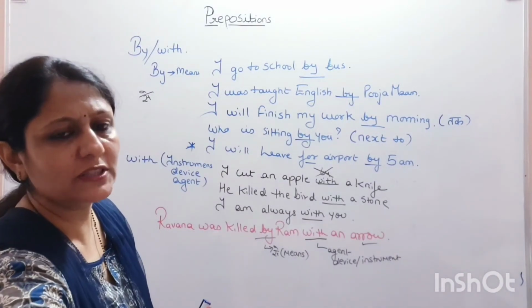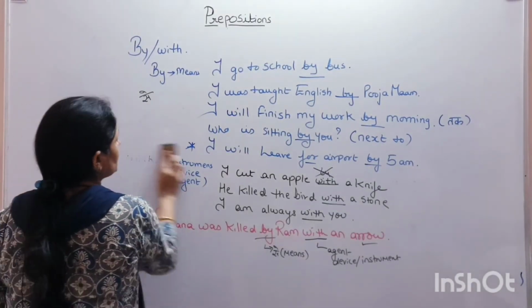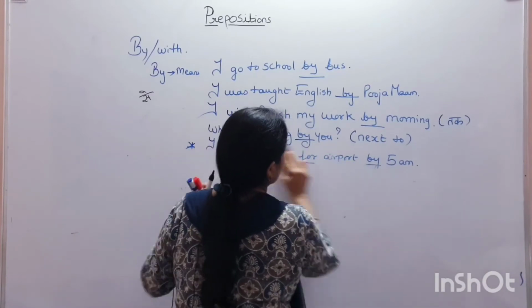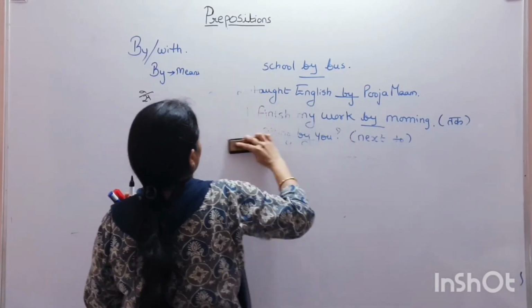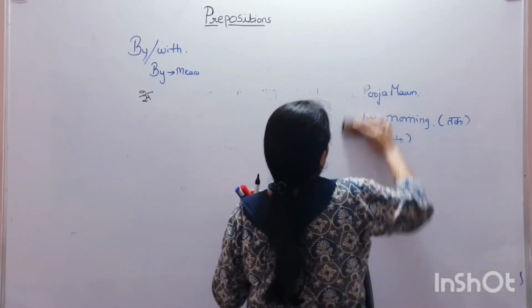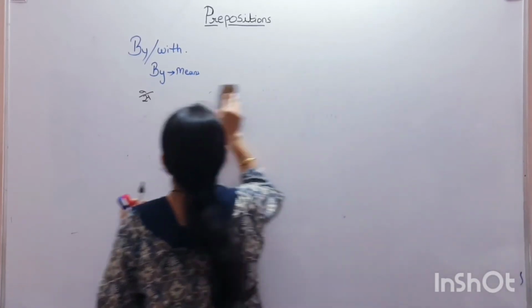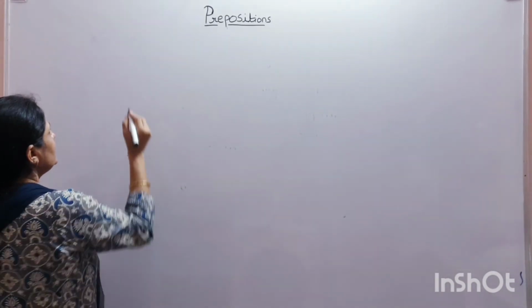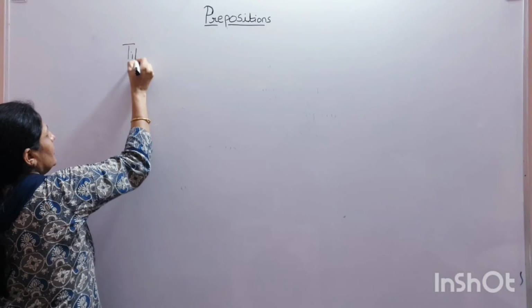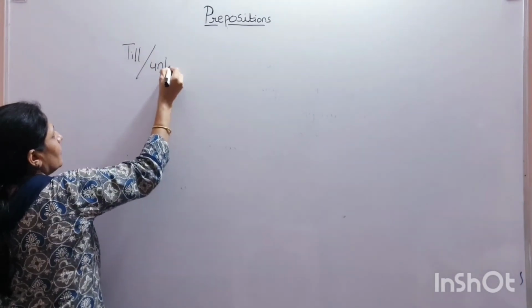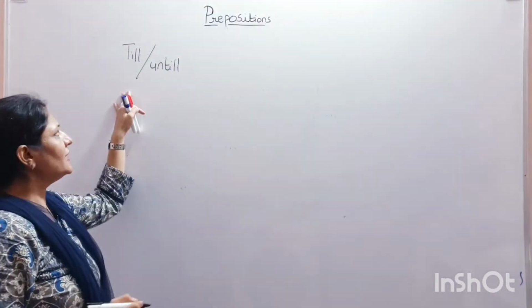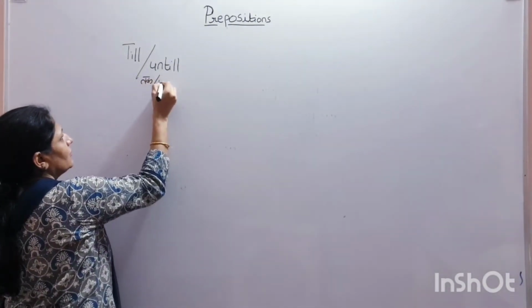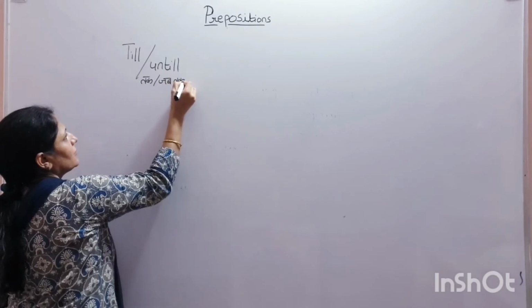Moving ahead with some more important prepositions. Let's take till and until. This set is very easy. Tak or jab tak.